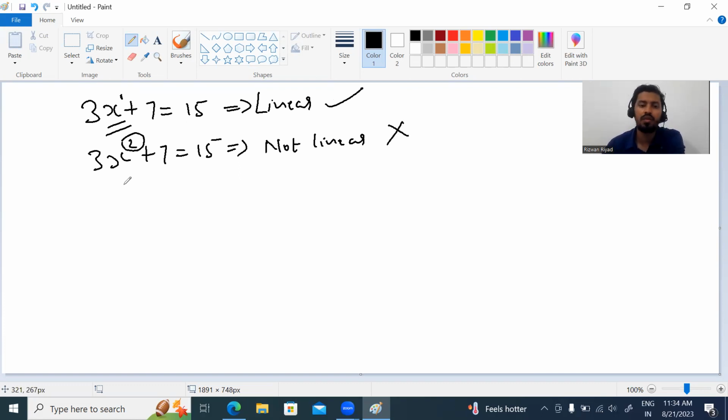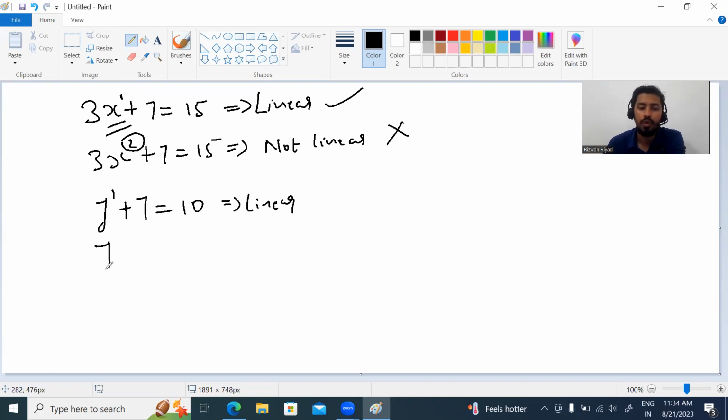Similarly, you can see with y also. For example, you have y plus 7 equal to 10. This is simply y, which means y raised to 1. The exponent of y is 1, or the power is 1. So this equation is also linear.